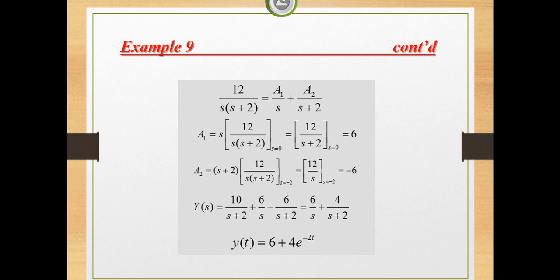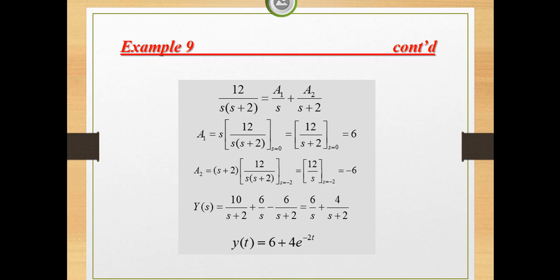Now, after that, you determine the values of the two coefficients in whatever method you choose. You can set s equal to 0 or you can set s equal to negative 2. That would make these two denominators, one at a time, equal to 0. We call these the undetermined coefficients. In the method of undetermined coefficients, the resulting values for the constants a1 and a2 would be 6 and negative 6 respectively.